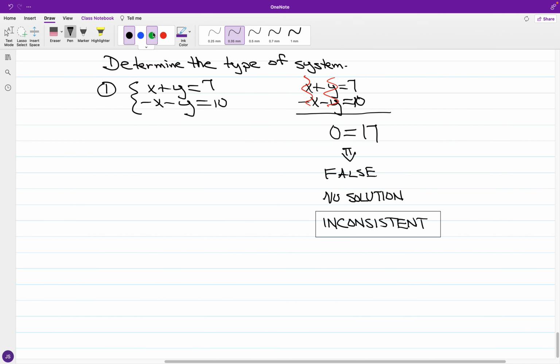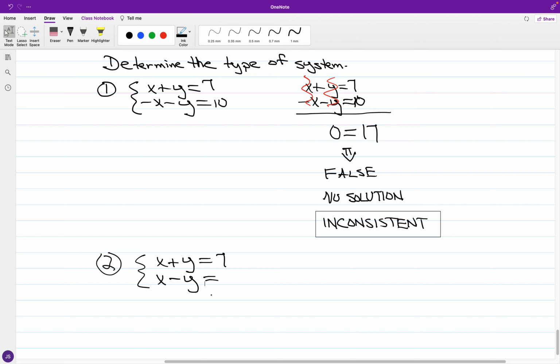And let's say that for the next equation system, I'm going to have in the layout x plus y is equal to 7, and x minus y is equal to 1.